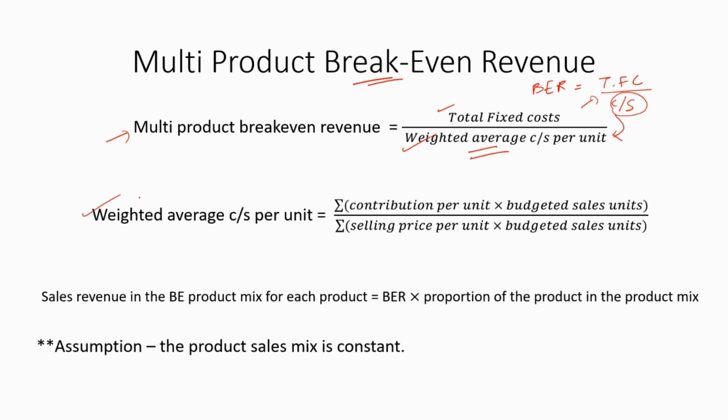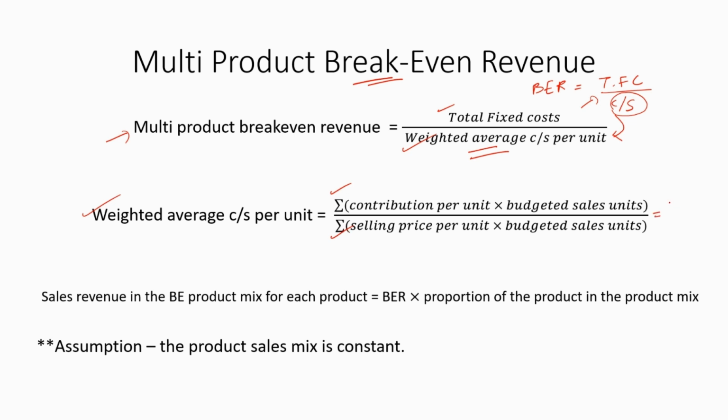And this is how we can calculate the weighted average CS ratio per unit. Weighted average CS ratio per unit is equal to the summation of contribution per unit multiplied by the budgeted sales units for each product divided by the summation of selling price per unit multiplied by the budgeted sales units.